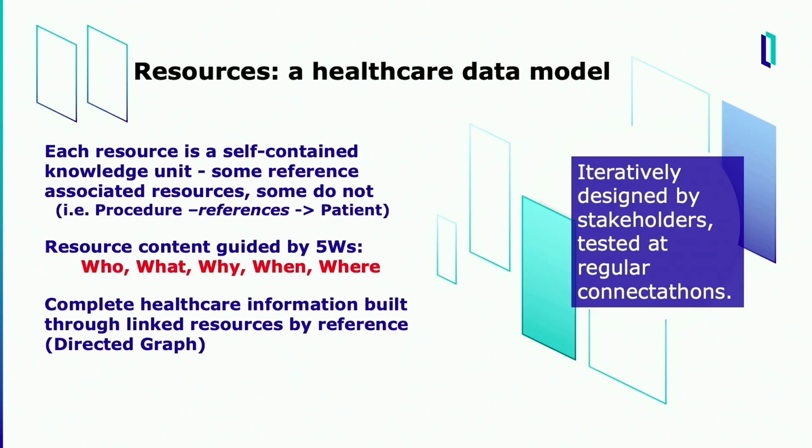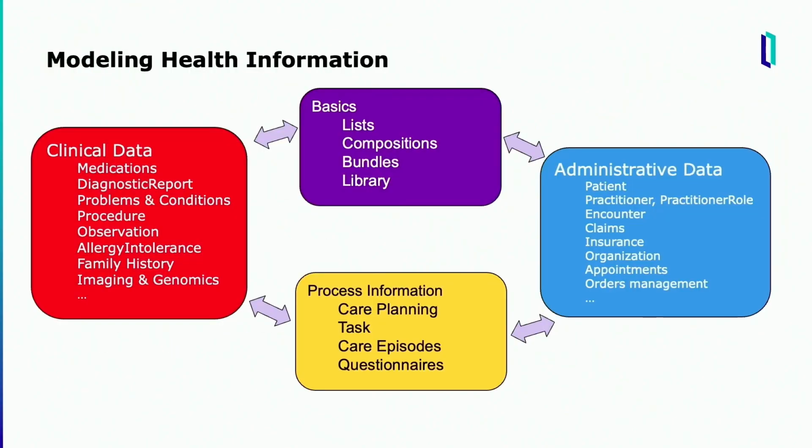So FHIR resources, and there are about 150 of them at this point, have different functions or come in different categories. This shows some of the FHIR resources, the ones that we would call clinical data, like medications, diagnostic reports, procedures, conditions, observations, lab results. Those are the clinical resources.